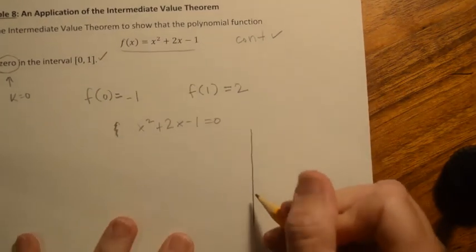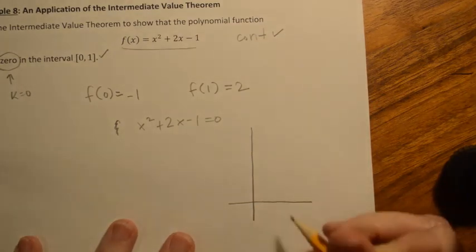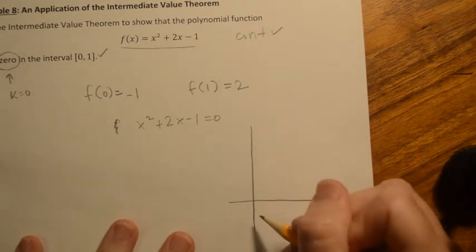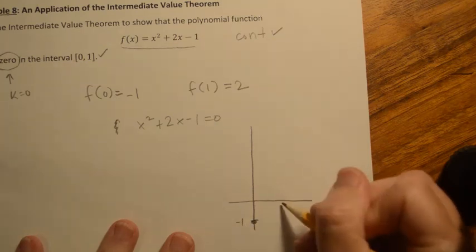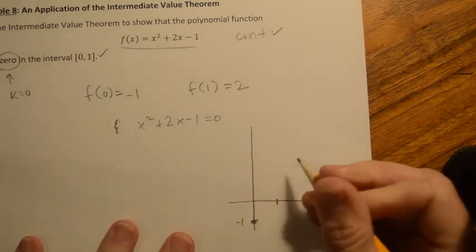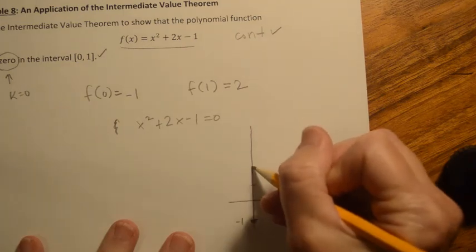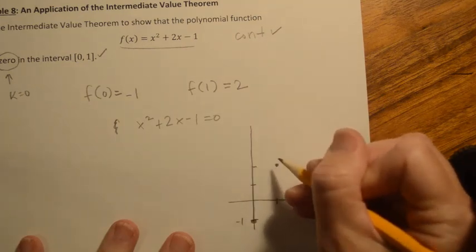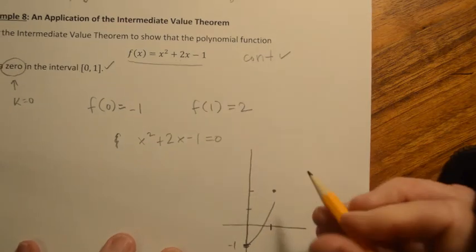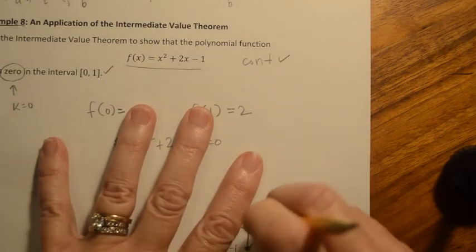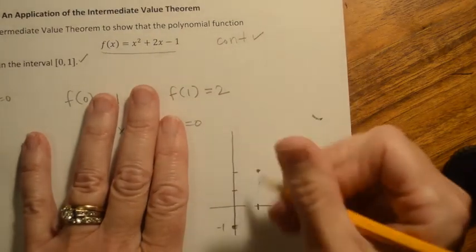But let's just look at what this looks like so we can see that, yeah, actually it does exist. So at 0, it is negative 1. And at 1, it's 2. It's a parabola that's facing upward, so it's going to look something like this.